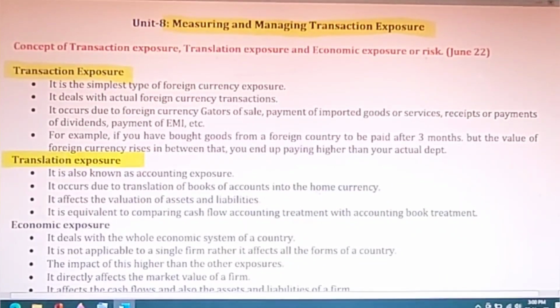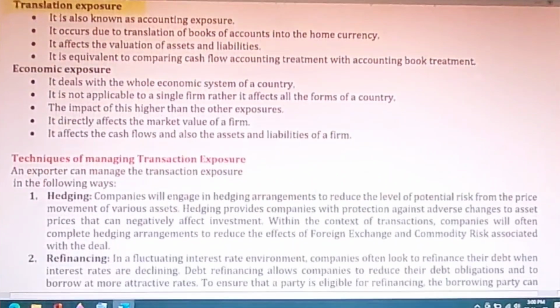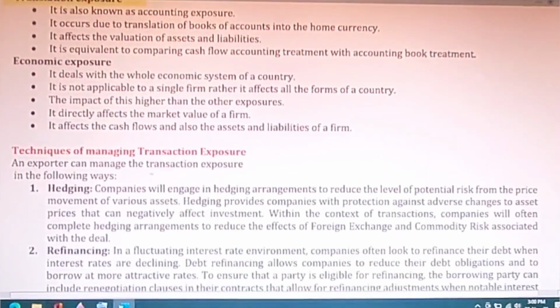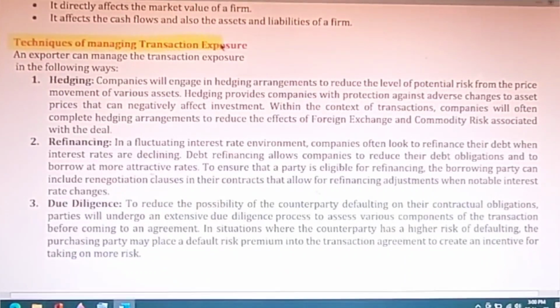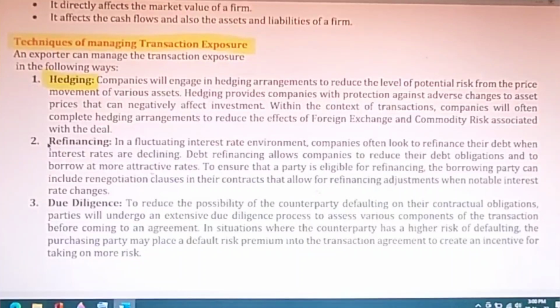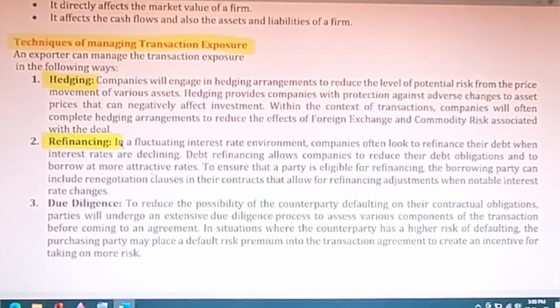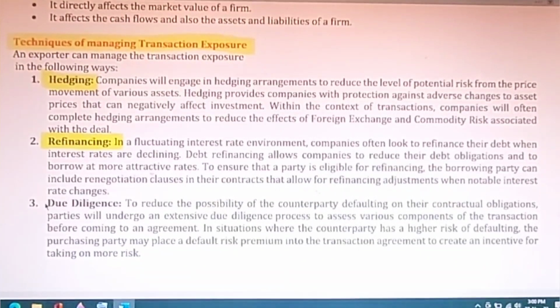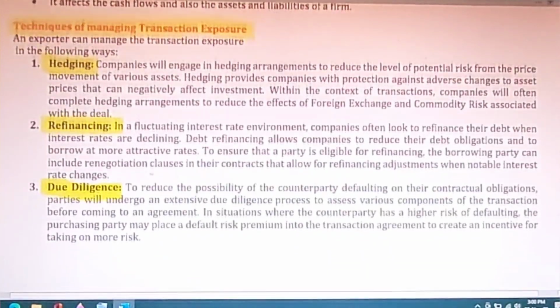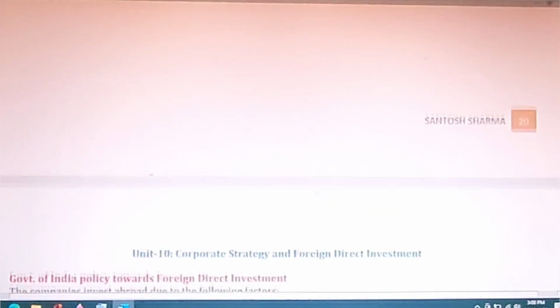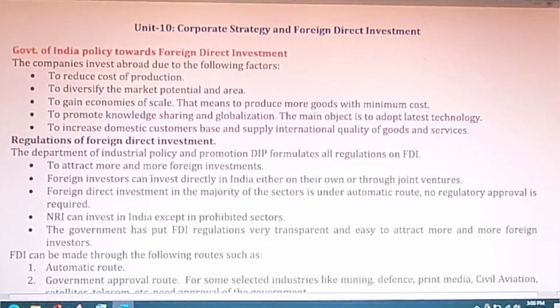So very important one, right? You also get questions on economic exposure and the different techniques of managing transaction exposure, like hedging. You must read this question properly, very important one. Then refinancing, due diligence. So these are a few techniques of managing transaction risks or exposure.